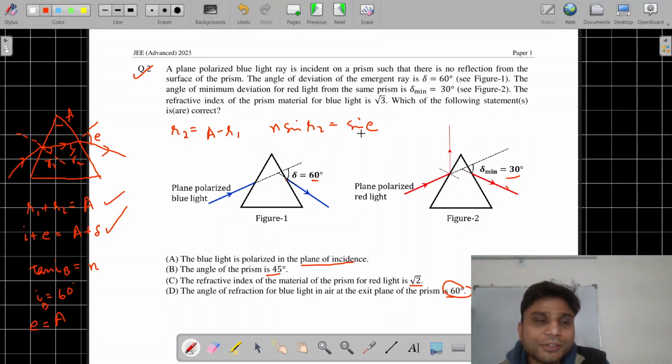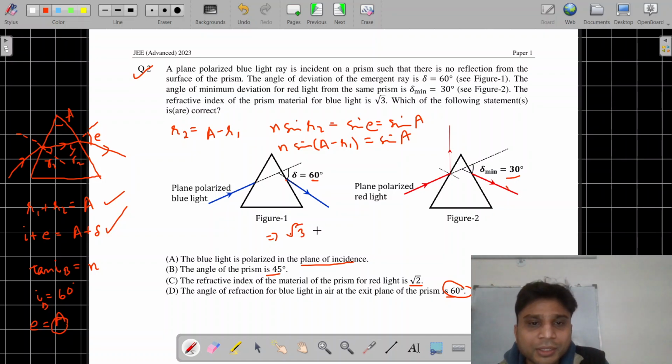Now we already know that angle of emergence is equal to angle of prism, that we proved. So we can substitute that here, and we can say refractive index n times sine of (A minus R1) is equal to sine A. The refractive index we already know is root 3. So root 3 is equal to sine of angle of prism A divided by sine of (A minus R1).